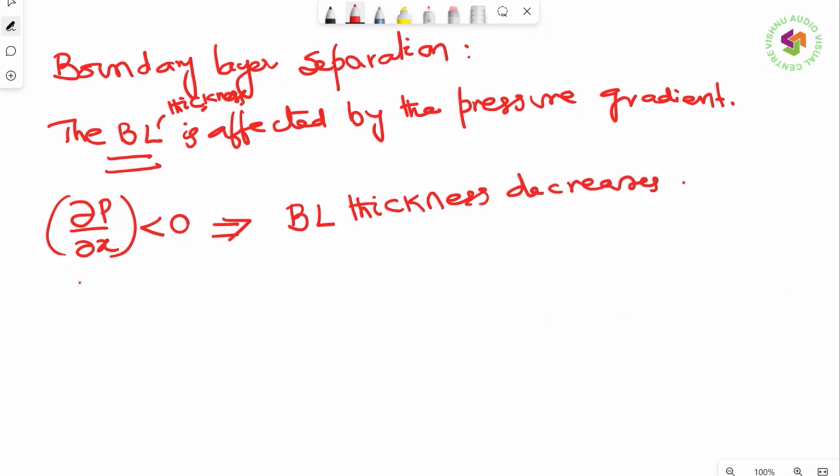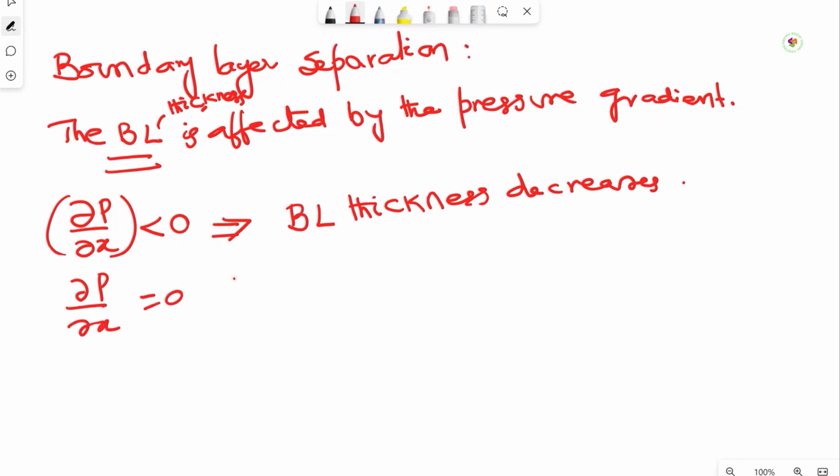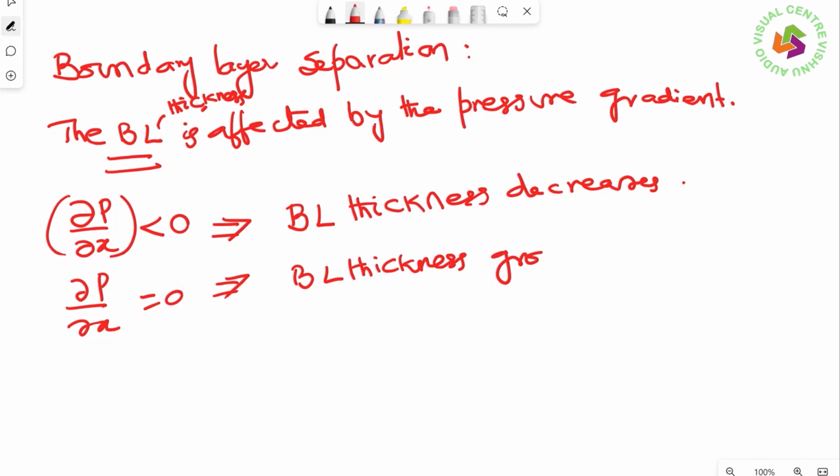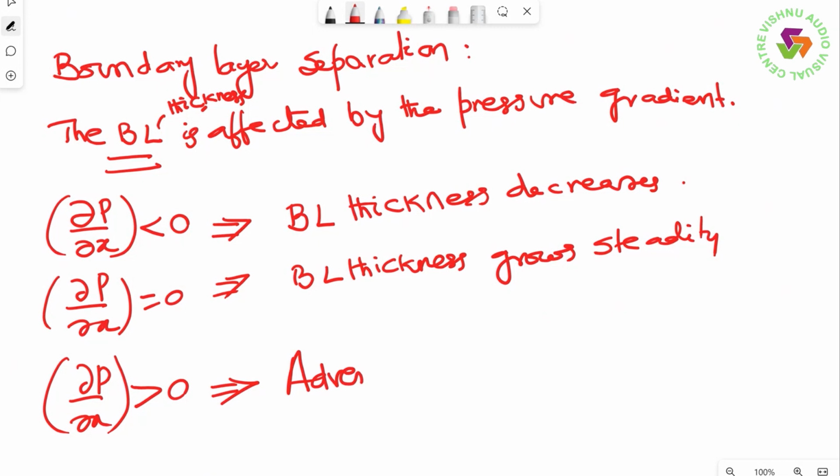When dou p by dou x is equal to 0, the boundary layer thickness again grows steadily. If dou p by dou x is greater than 0, this is called an adverse pressure gradient.